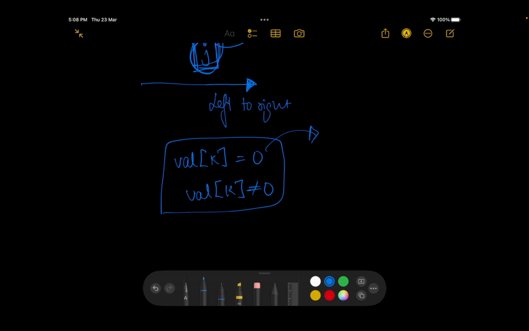In a case where the value is 0, you have an option of changing it. If your value is not 0, then you have no options.